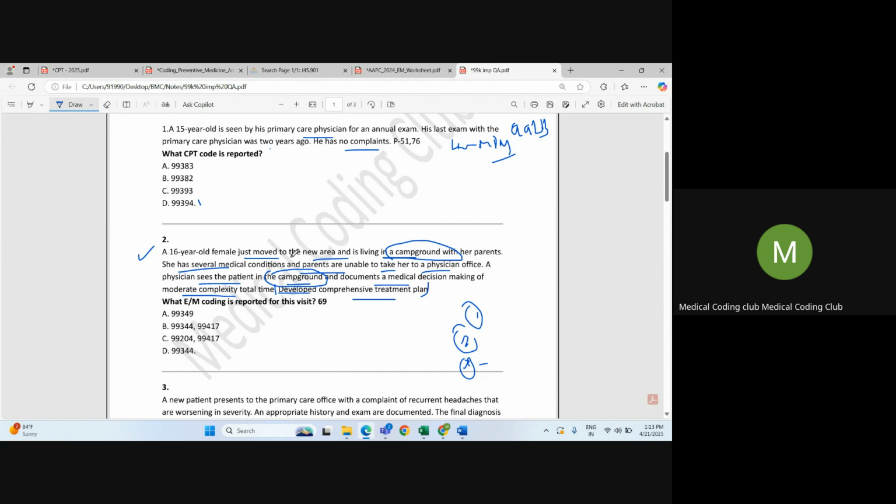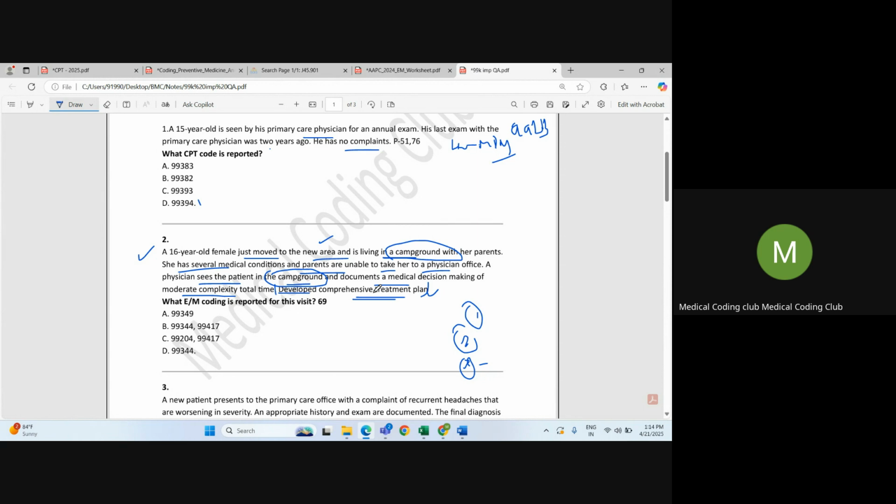And then, she moved to a new area and the physician developed a comprehensive treatment plan. These two keys are enough to conclude that the patient is a new patient, because she has newly moved to some other area and will be totally new there.